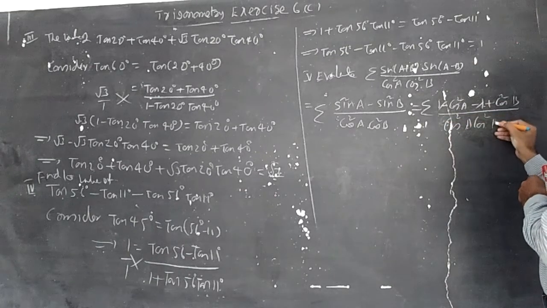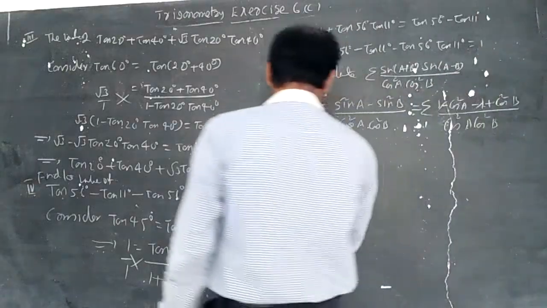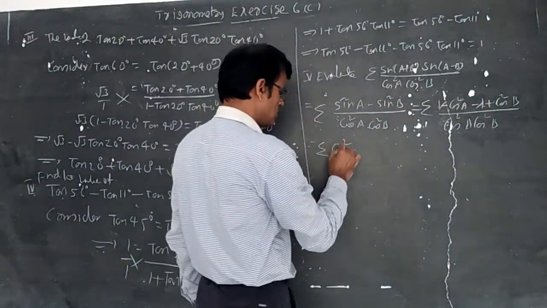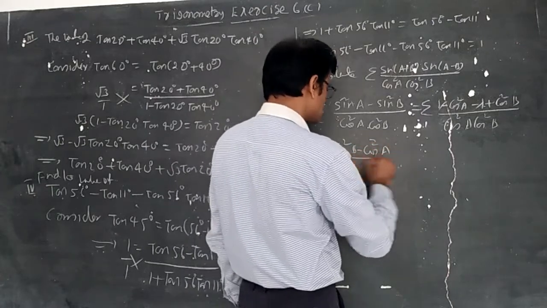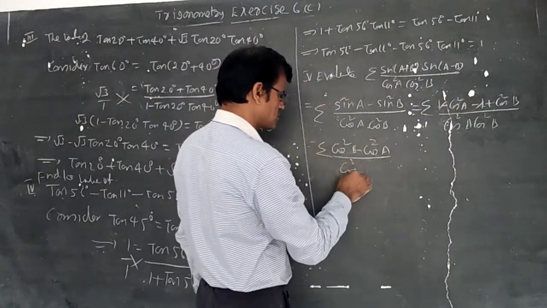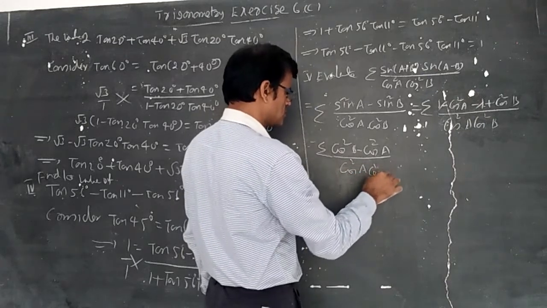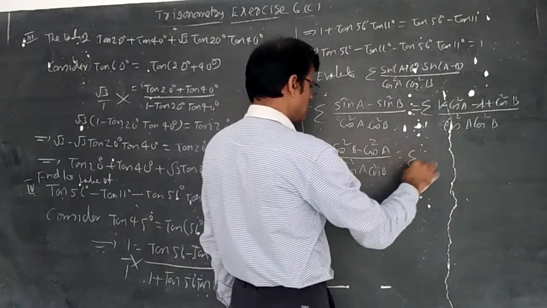So this is cos square a into cos square b in the denominator, equal to sigma of cos square b minus cos square a, denominator cos square a into cos square b.